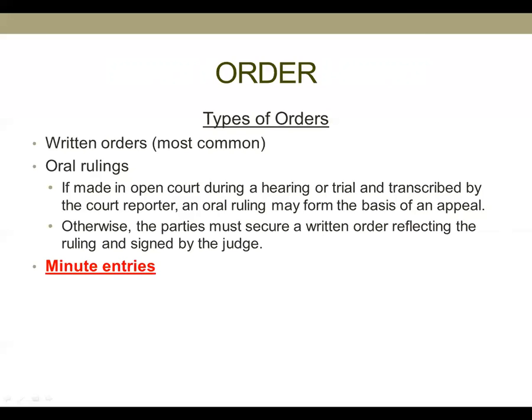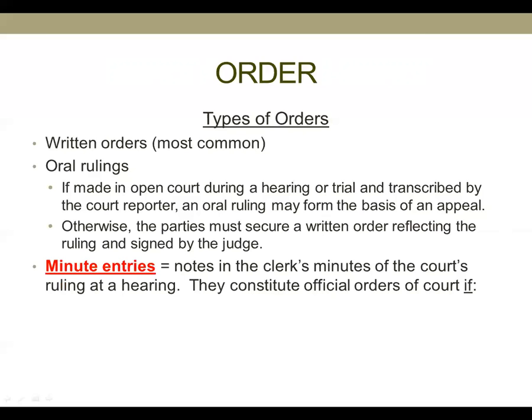Now, another type of order that is possible in federal court is called a minute entry. Minute entries are notes in the clerk's minutes of the court's ruling at a hearing. These are notes the clerk makes that reflect what happened at a particular hearing, and they become part of the clerk's minutes.